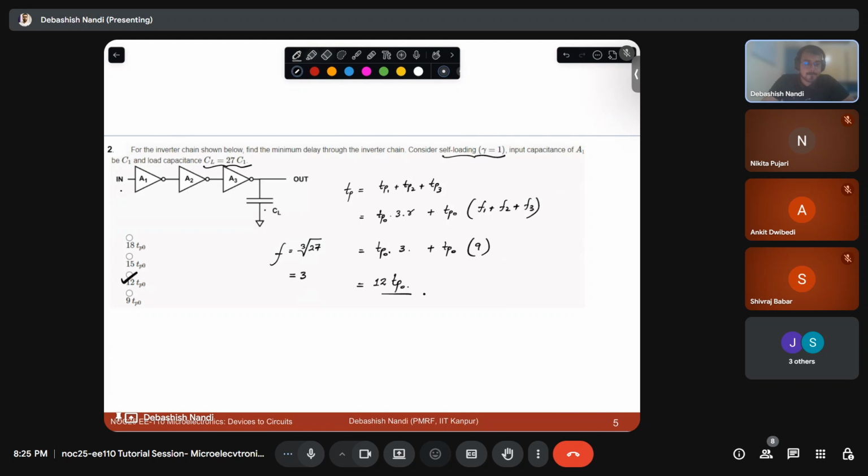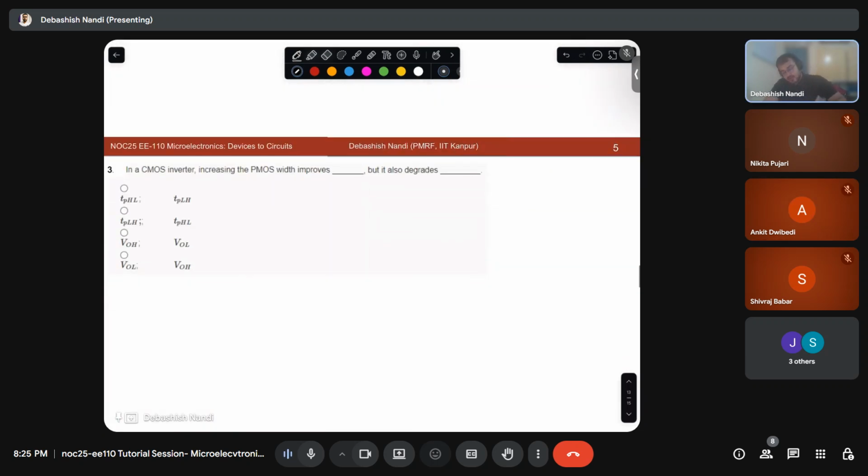Is that clear? Okay. If that is clear, can you answer me this question? In a CMOS inverter, increasing the PMOS width improves something but also degrades something. So what we will do? We will just write the formulas of TPHL and TPLH. So 0.69 times R on of what?